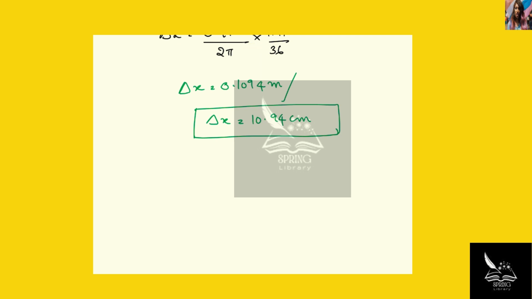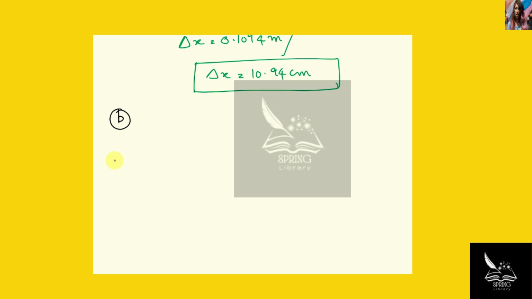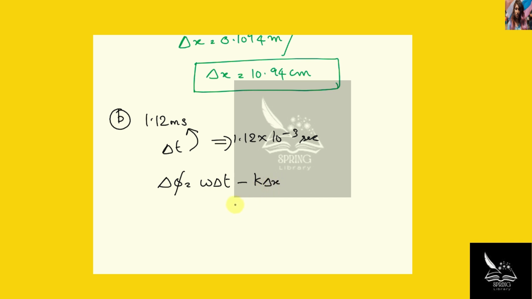Now let's move to part B of the question, where the phase difference between two displacements at the same point but at times differing by 1.12 milliseconds. Here, delta t is equal to 1.12 milliseconds, which can be written as 1.12 into 10 raised to minus 3 seconds. We know that delta phi will be equal to omega into delta t minus k delta x.